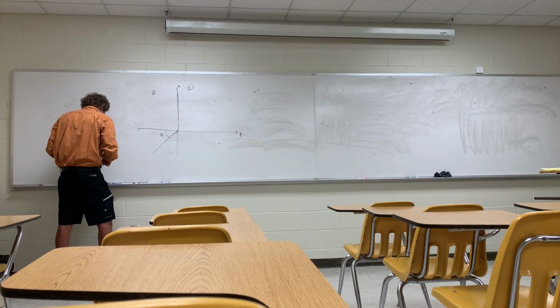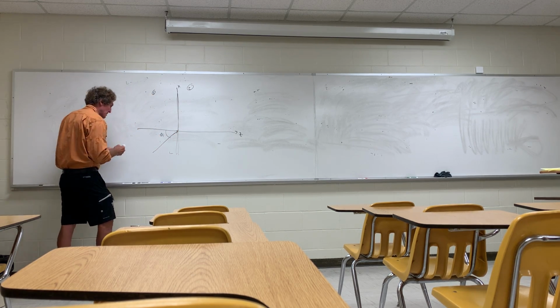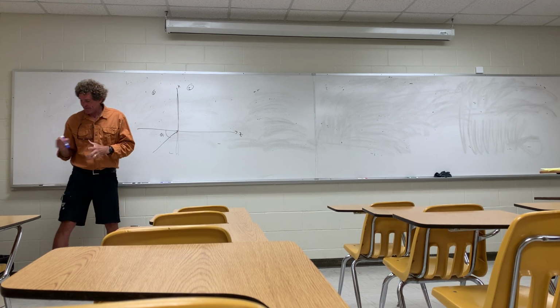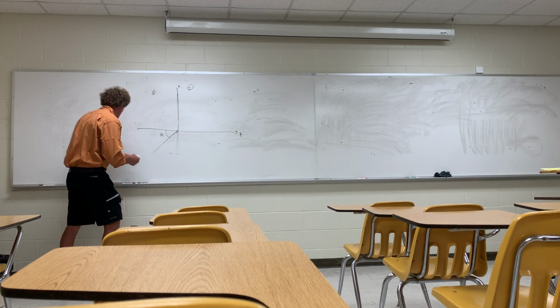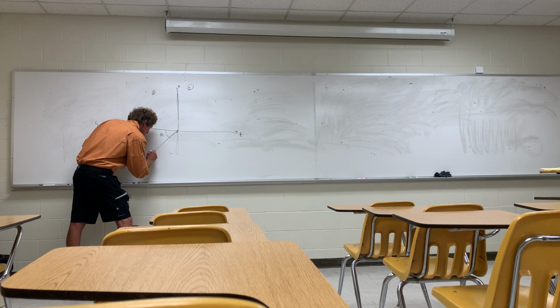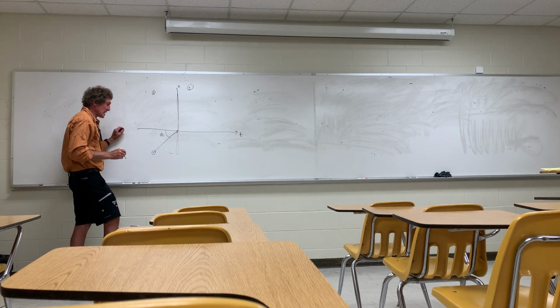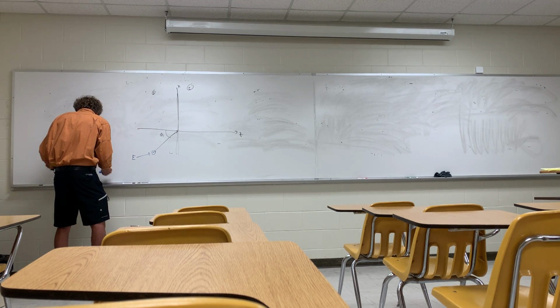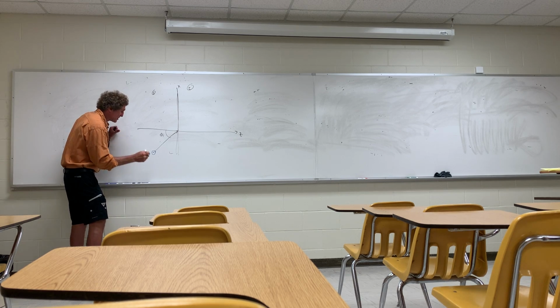But the electric field, I'm trying to do this with a color marker. So the electric field is actually going to be out of the board for this one. All right? Now that's the electric field right here. And then the magnetic field has to be perpendicular to this.